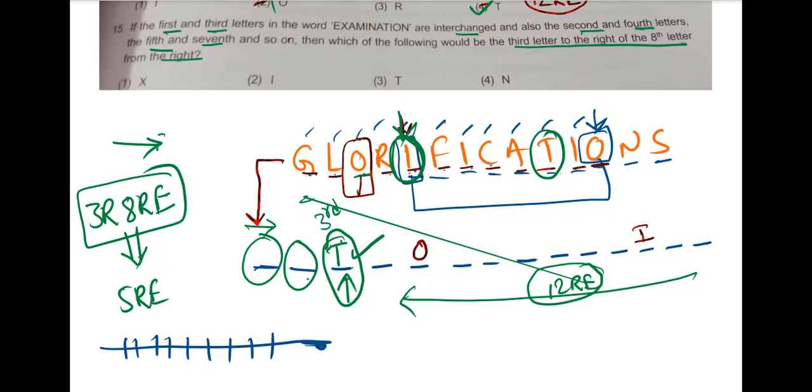If you count from the right end, first we have to take the eighth element from the right end. Yes or no? Yes, sir. If you count from the right end, first, second, third, fourth, fifth, sixth, seventh, the second letter from the left hand. This one. And for this letter, he is asking for the third to the right.